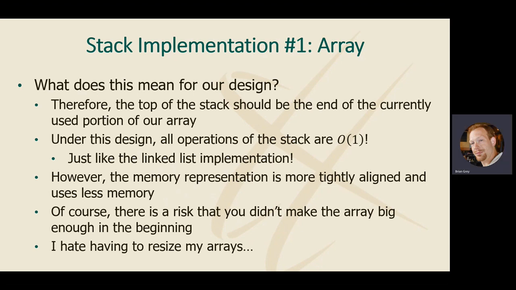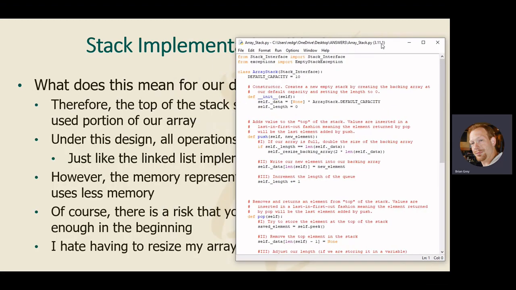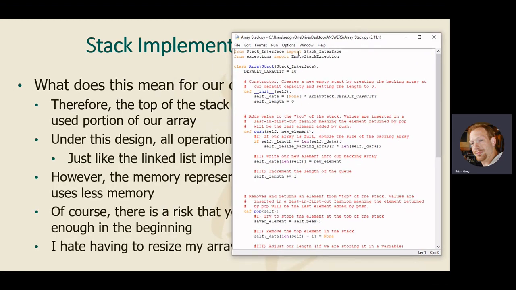And so I'm just going to walk you through an implementation. It is available on Canvas, but we can do an array stack. Now, some things, okay? Step one, we're importing our stack interface, right? And then we're going to import from exceptions this empty stack exception. And the first thing we're going to do is implement our stack interface.